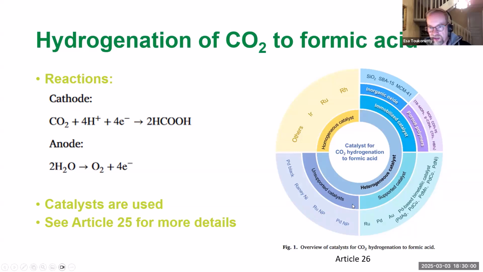So you'll see here that there are homogeneous catalysts and heterogeneous catalysts. These basically mean that homogeneous ones are usually soluble in the reaction matrix. So, for example, if it's a water phase, it's probably water soluble.